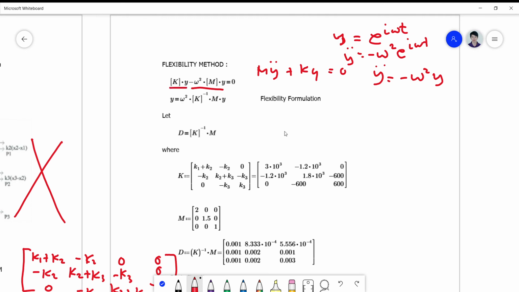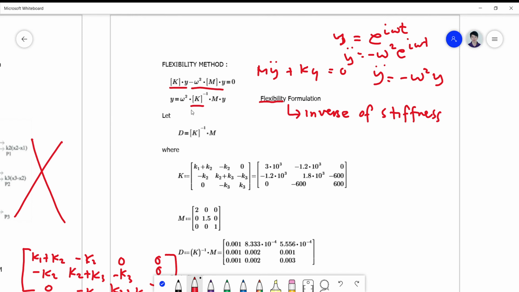So for your flexibility formulation, all we know about flexibility is that this is the inverse of stiffness. Okay, so if we take the inverse of the stiffness, K to the negative 1, we are actually applying what you call the flexibility method.